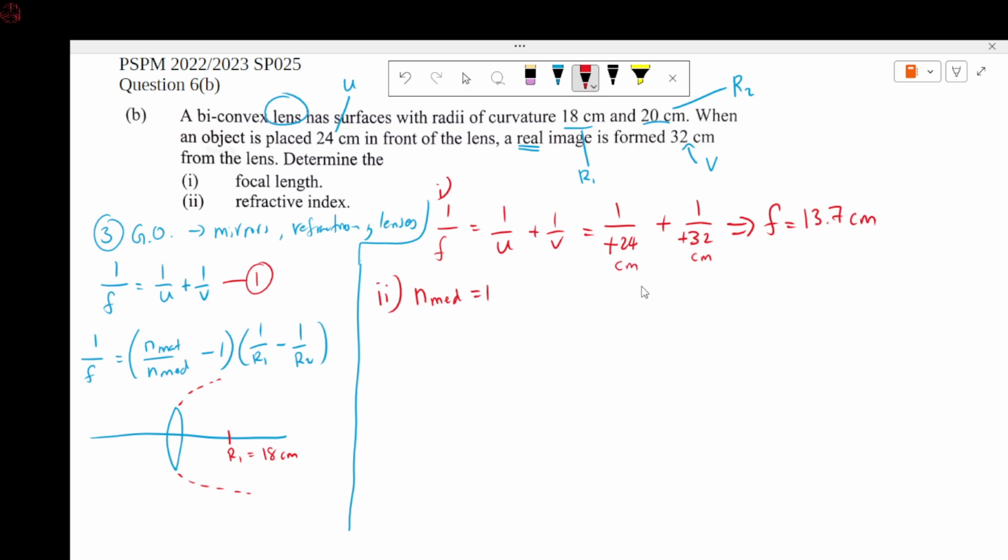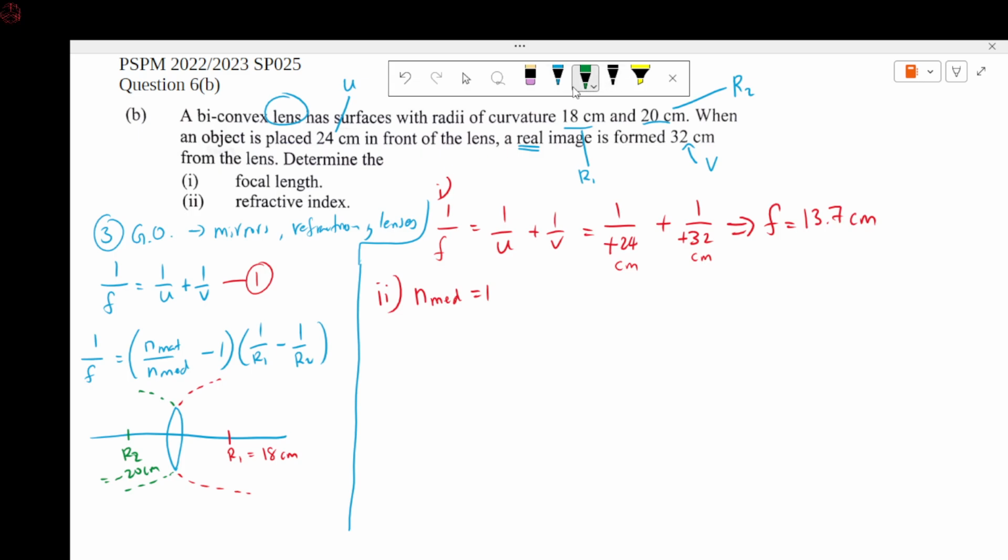And if we extend the second surface here, I can see that the radius is on the opposite side. So R2, which equals 20 centimeters, is on the other side. So that will be negative. I'm just going to remind myself so that I don't substitute the wrong answer. So my R2 is negative 20 centimeters.